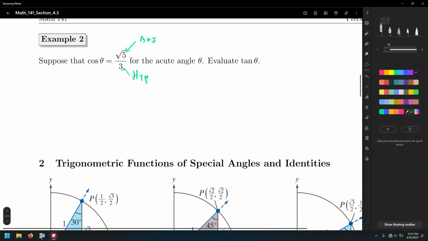So, and this is our reference triangle. You can position the triangle and the angle in your favorite position. That's fine, as long as you keep the idea for opposite and adjacent. That's good enough.